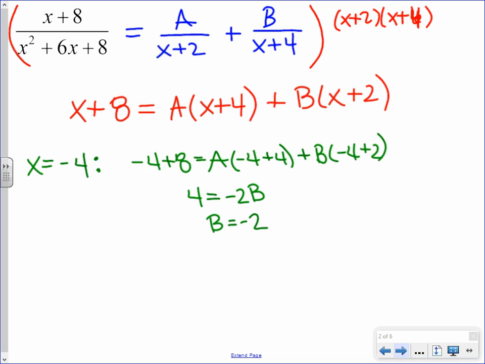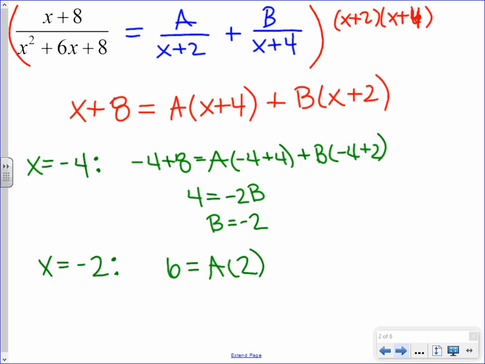Then we can do the same thing with the other factor. What would make x plus 2 disappear? We can plug in -2. If we plug in -2, what's -2 plus 8? 6 equals A times what's -2 plus 4? 2.